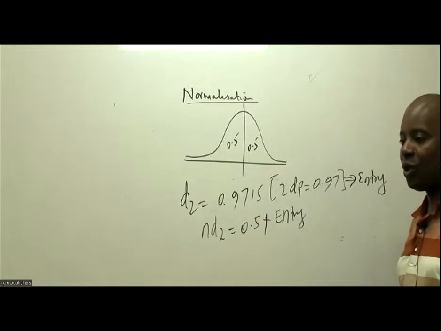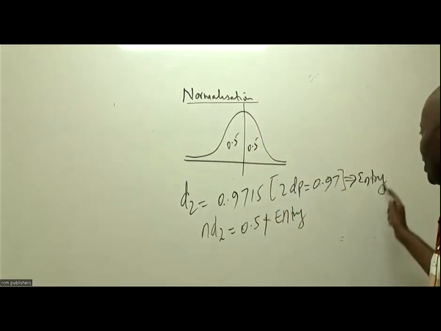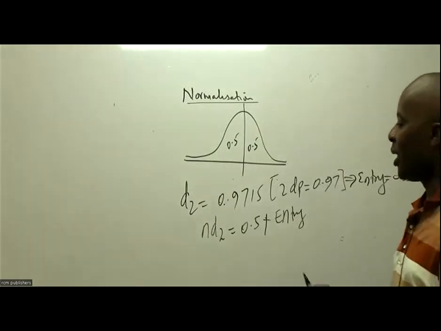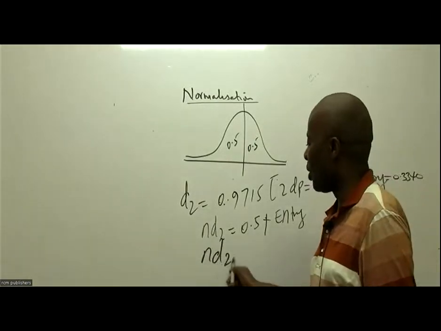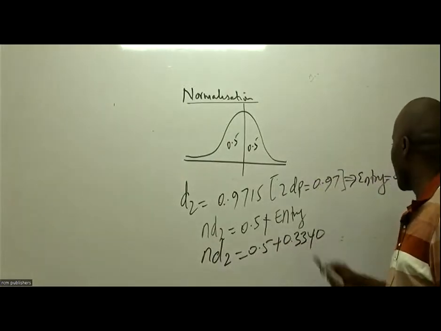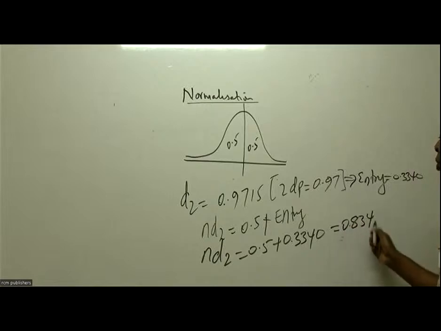It is 0.3340. So ND2 will be equal to 0.5 plus 0.3340, which gives me 0.8340. Thank you so much.